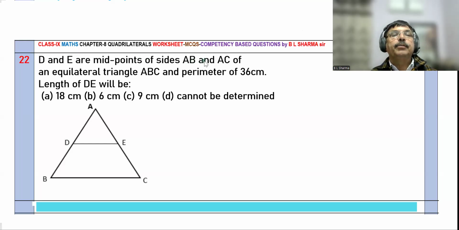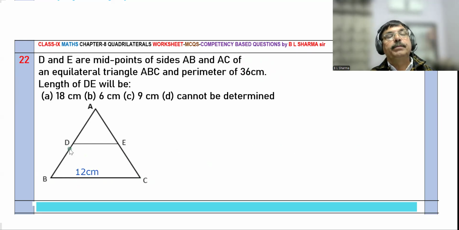D and E are the midpoints of sides AB and AC of an equilateral triangle ABC, and the perimeter of the triangle is 36 centimeters. What is the length of DE? We know this is an equilateral triangle, which means all sides are equal, and the sum of all three sides is 36 centimeters. So one side BC will be 12 centimeters.